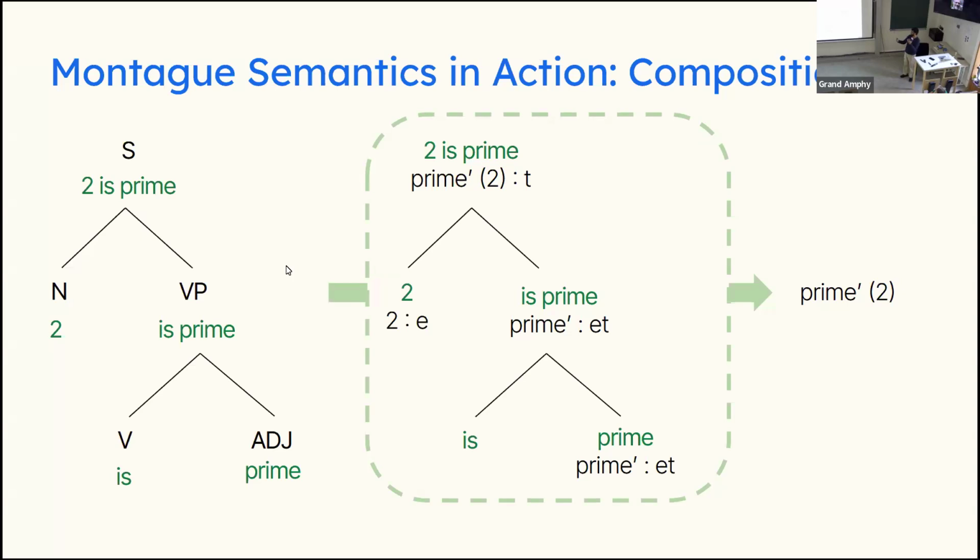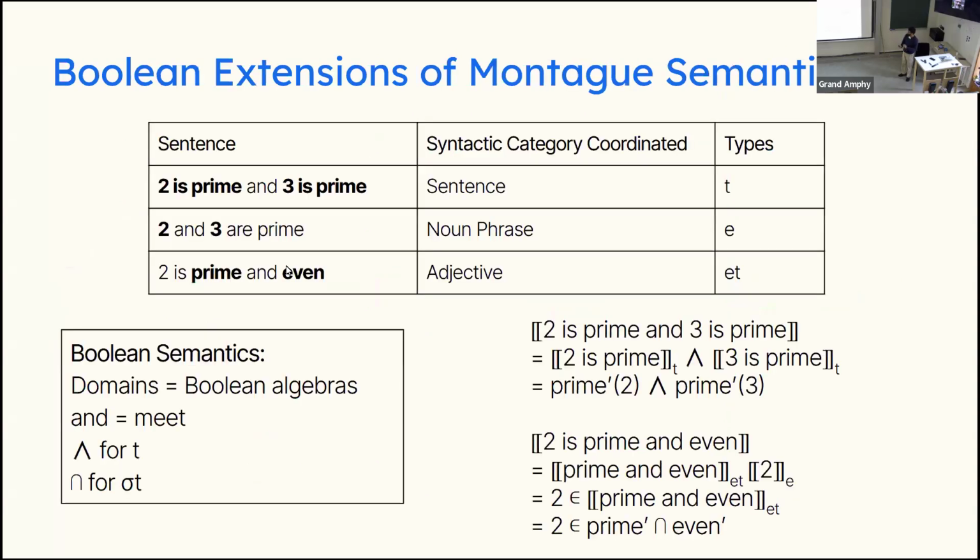Because of the type system, because the meanings are in a function-argument relation, we can combine the meanings together to derive the meaning of the whole sentence. So the meaning of "2 is prime" is the same as the function prime' applied to the integer 2. So all this was Montague semantics.